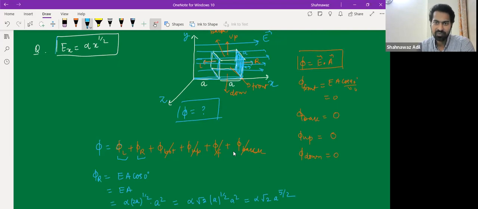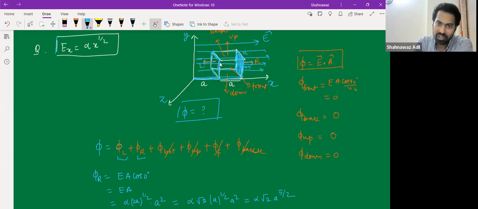I don't know. I think first think, Saad, and then tell whether you know or you don't know. So this surface is placed at x equals a distance. Am I correct, sir? Oh, sir, 2a. This surface, we are calculating the left surface.